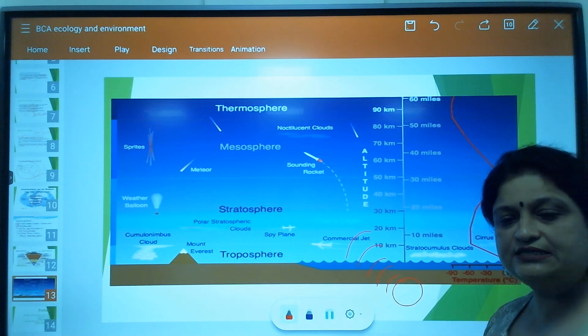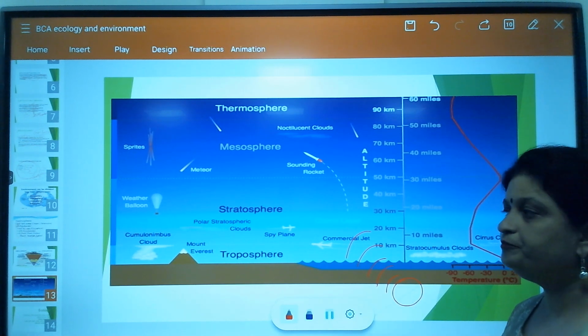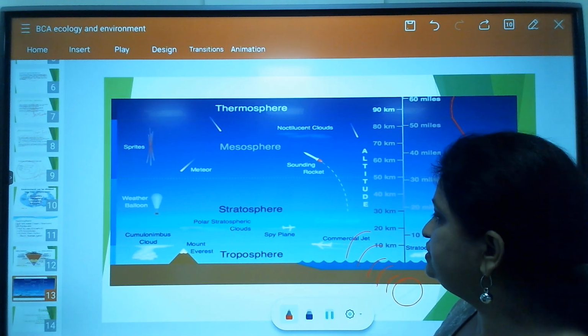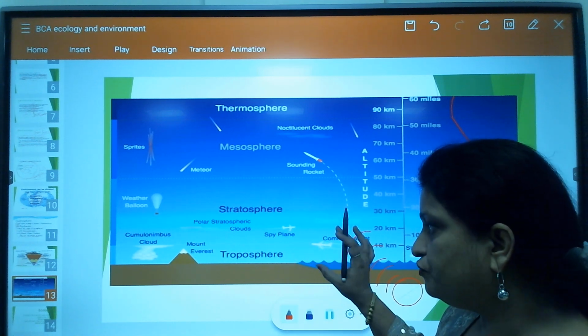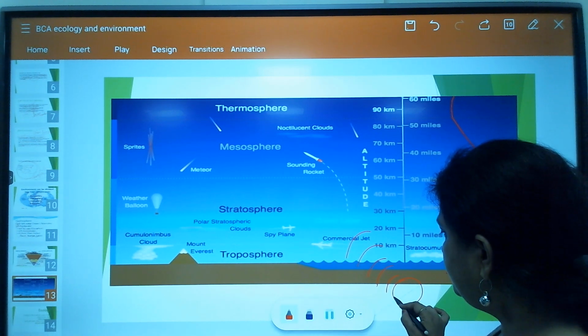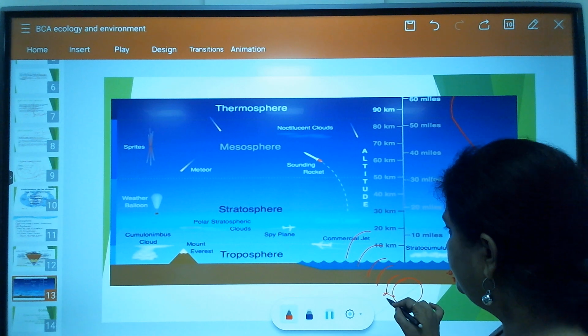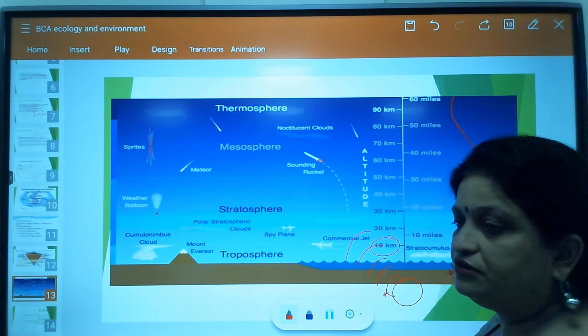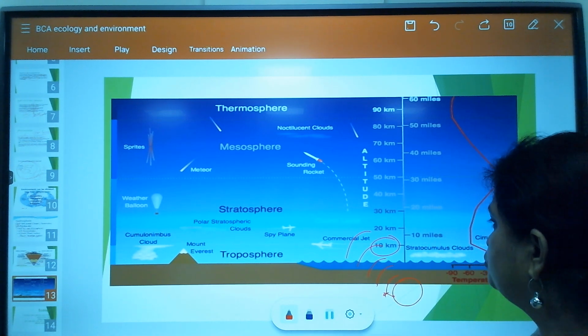These 5 layers are present in the atmosphere, and they perform different functions. We live in the troposphere, which extends up to about 10 kilometers in altitude.